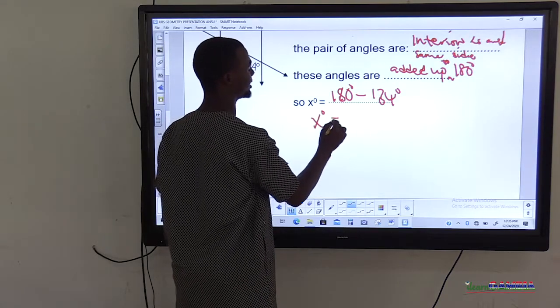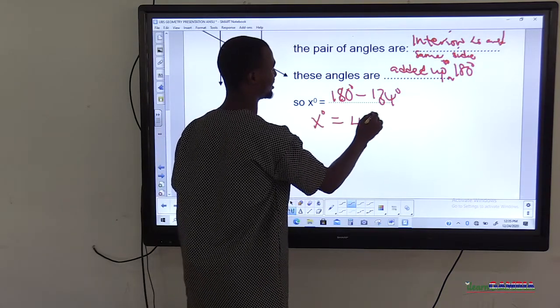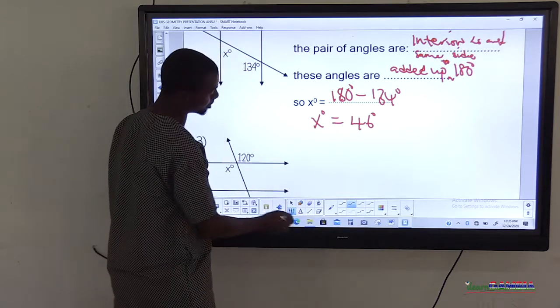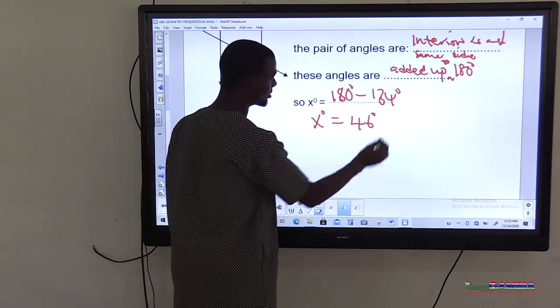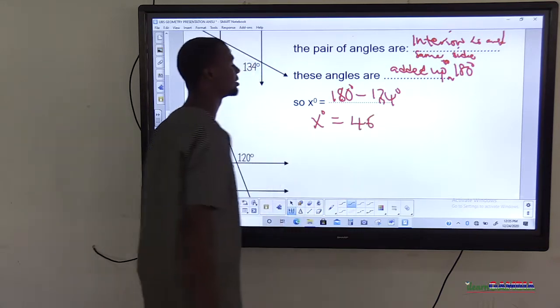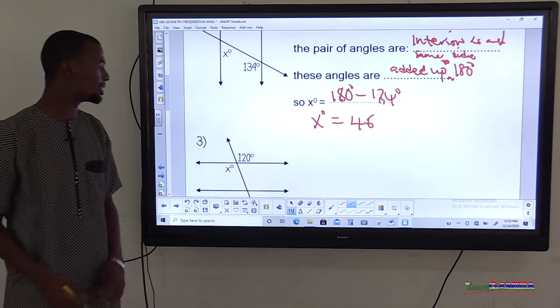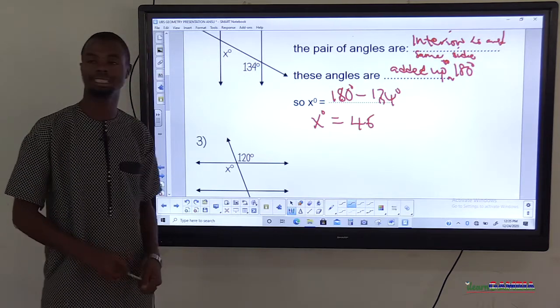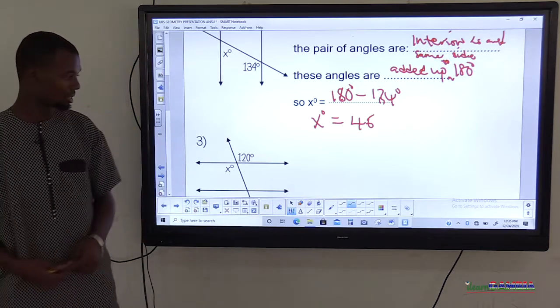X degrees is equal to 46. So this is the way we solve this one.